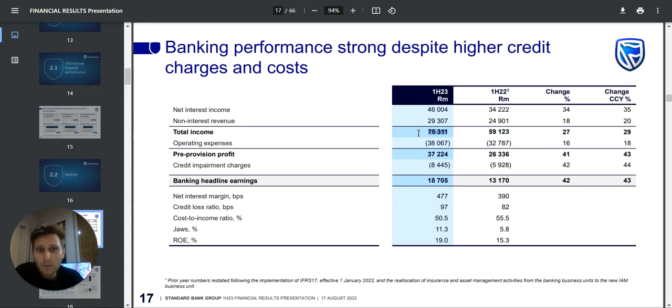So the total income for the first 6 months of 2023 was 75 billion rand, up from 59 billion rand from the same period before. So that's significant growth. That's 27% higher. All right?